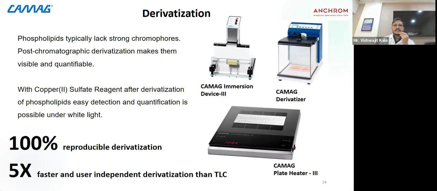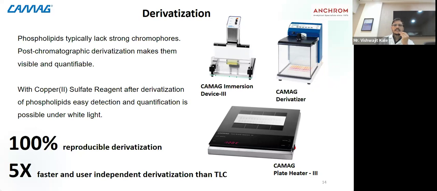And after derivatization of phospholipids, easy detection is possible because of homogeneous and user-independent derivatization by using the CAMAG Immersion Device for dipping the plate into reagent and the CAMAG Derivatizer for spraying the derivatizing reagent on the plate. After that, we need to heat the plate at 170 degrees Celsius for 10 minutes on the CAMAG plate heater.